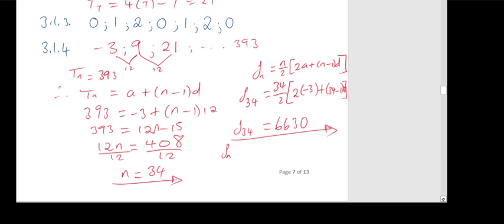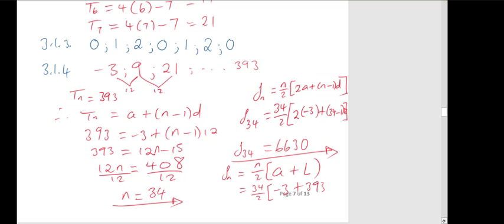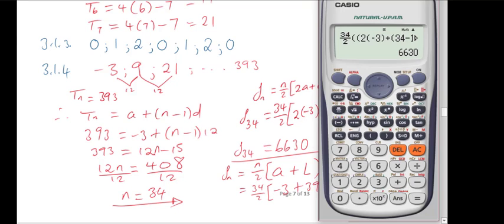Singasho ukuthi sum to n terms is equal to n over 2 into a plus the last term. Equal 34 la over 2. A wako negative 3 plus l is for the last term, because l is for the last term ngofaka 393 la. So bungenza ngale ndlela.